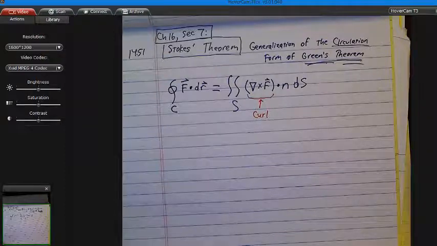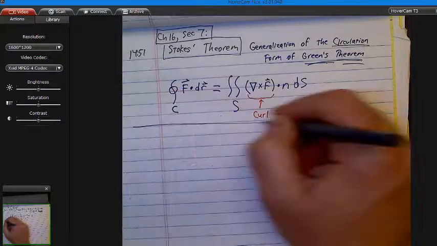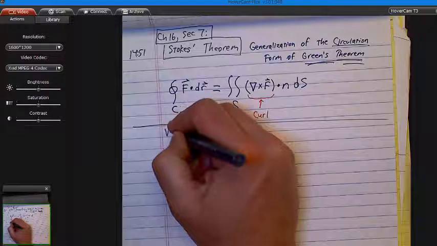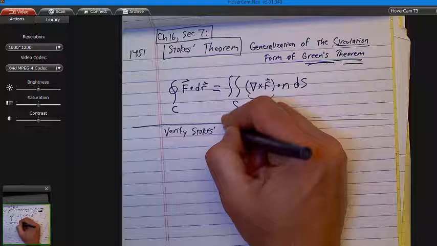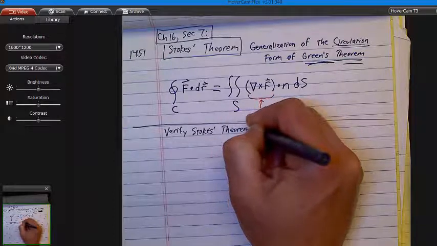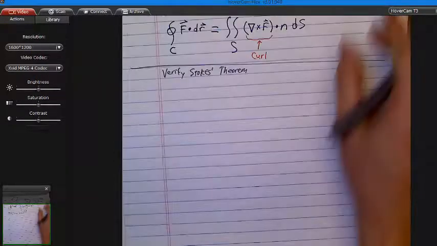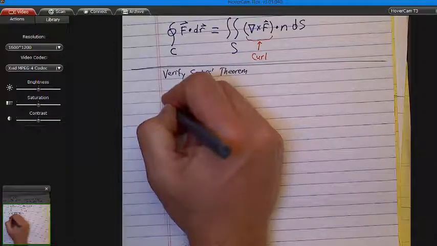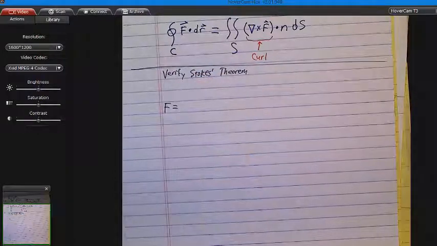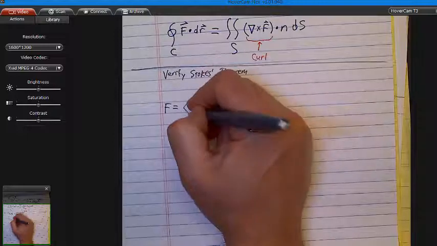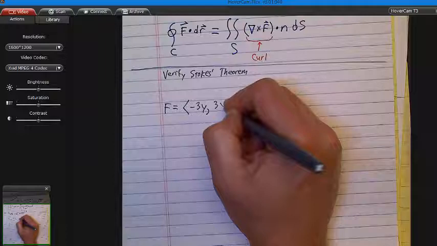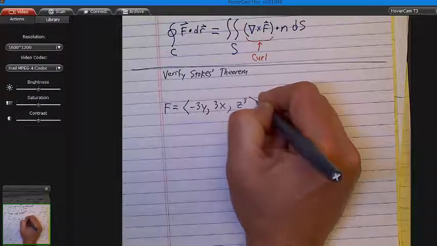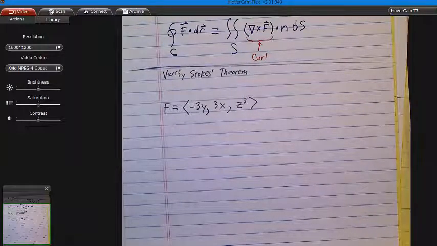Verify Stokes' theorem. Okay, so I need to give you an F, and I need to give you a little other information. So F is going to be, let's say, negative 3y, 3x, and z cubed. I also need to give you a surface, okay?